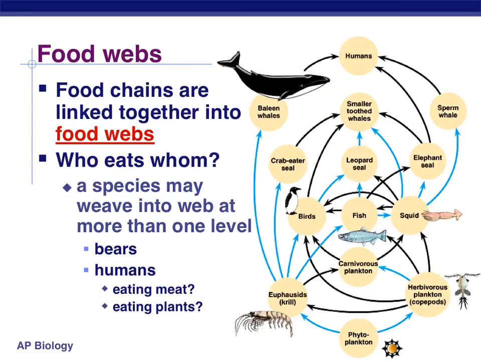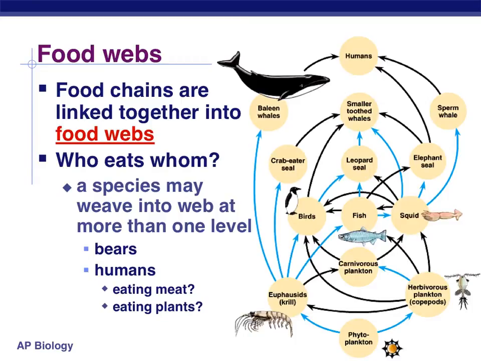So a food chain is what we would see if we just looked at one small part of the ecosystem. But when we start looking at communities and ecosystems as a whole, as a big idea, we branch off into food webs. And food webs are just food chains that are all linked together. So they can all be broken down into individual chains, but when we look at them holistically like this, we call it a web. It's a game of who eats whom.